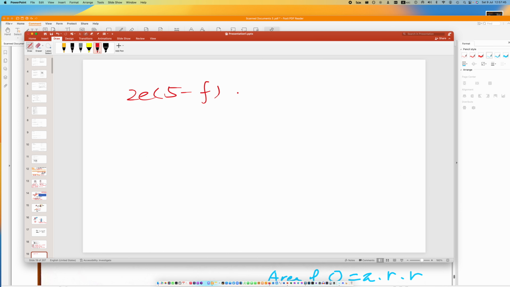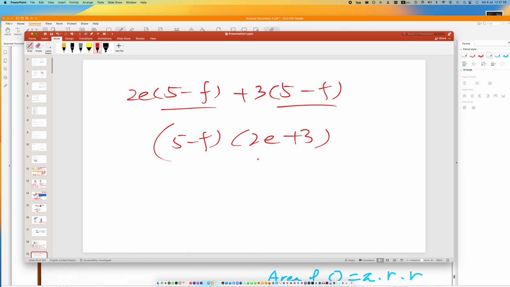What if I give you this? How do you do? Take out the 5f from both, and then 2e plus 3. But now, what has changed? The placement of 4 and f and 5. So how?